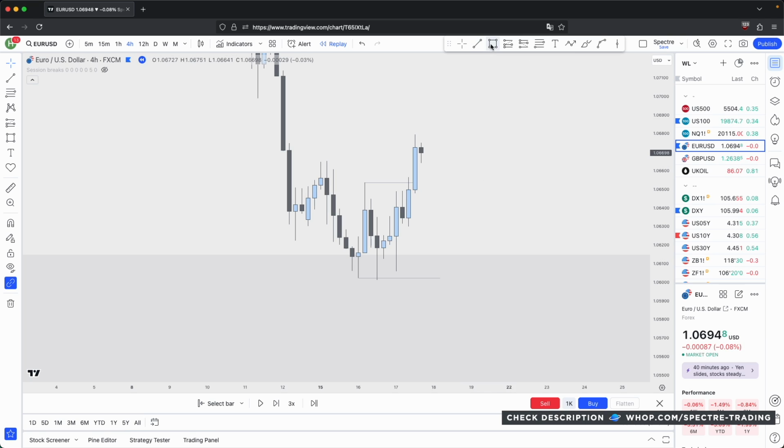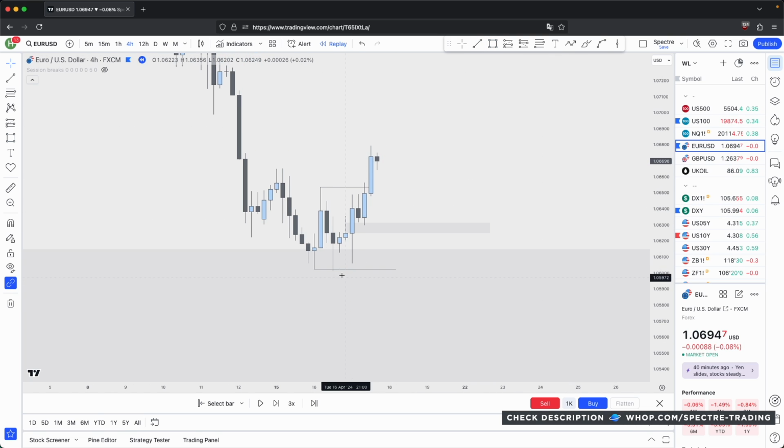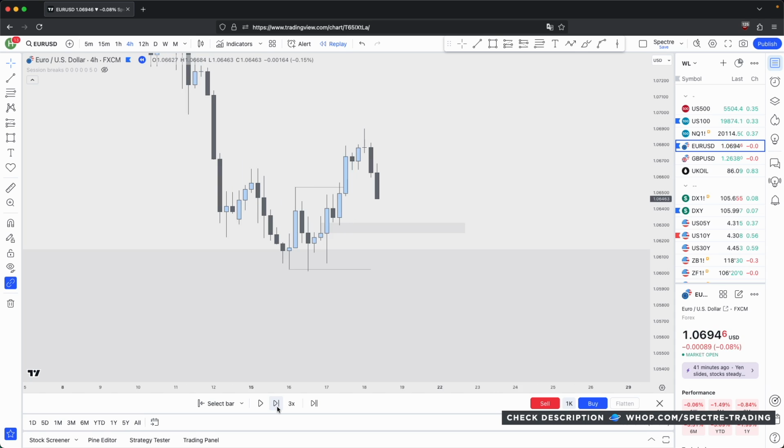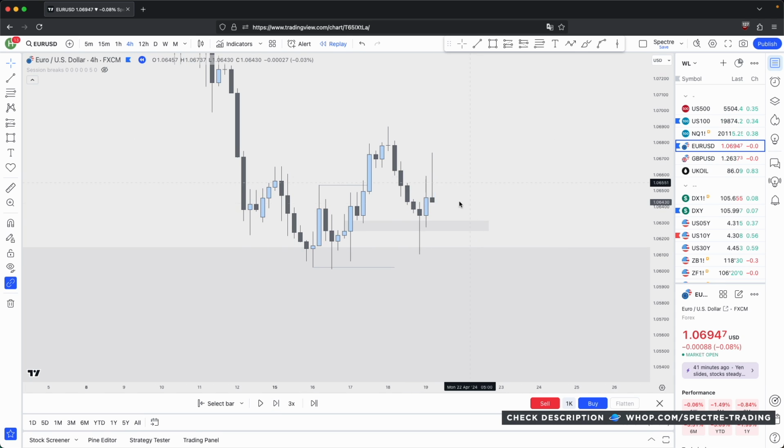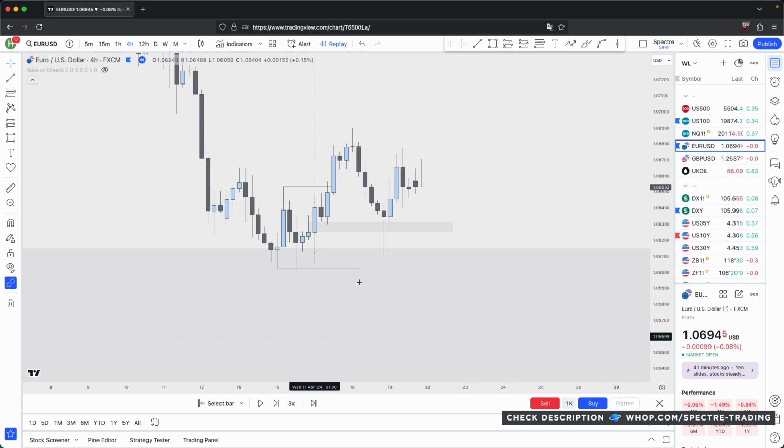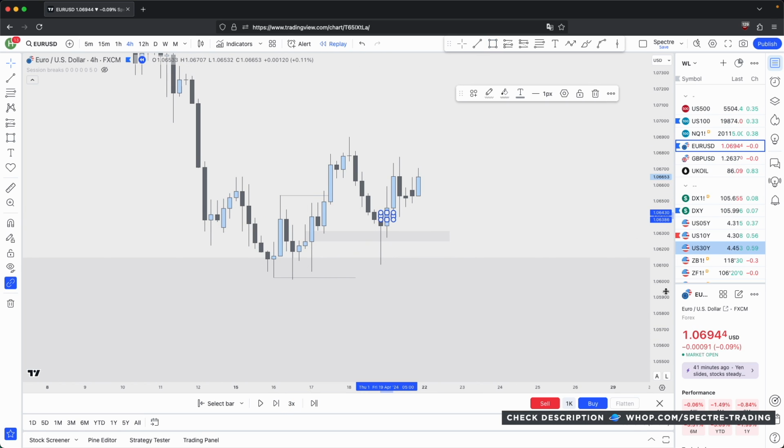However, look at what it leaves behind. This is your redelivered rebalance. Because of how tight the range is, it doesn't necessarily leave behind an imbalance. So there's no breakaway gaps to be anticipated. And if you keep playing price out, notice how the bodies close within this redelivered rebalance. Again, you have another one over here.